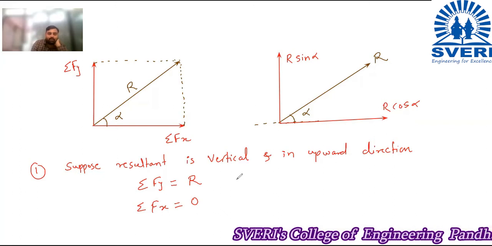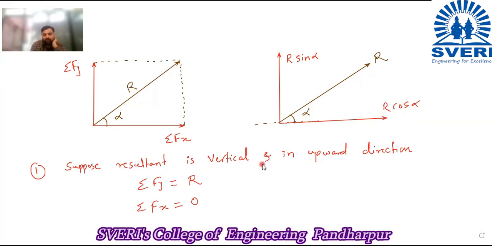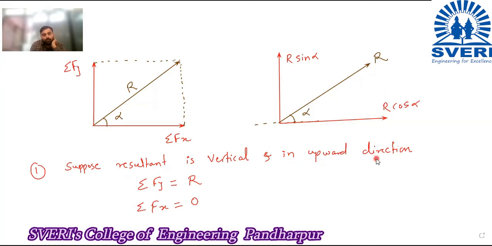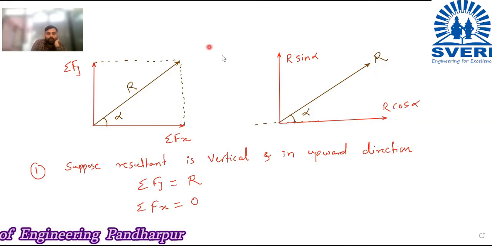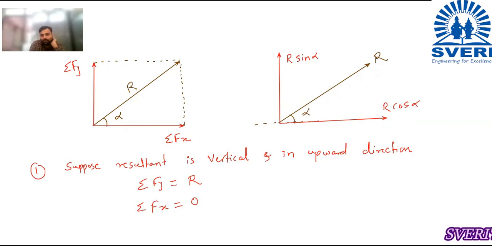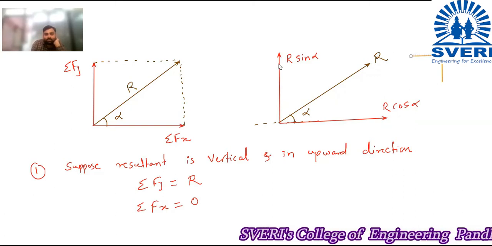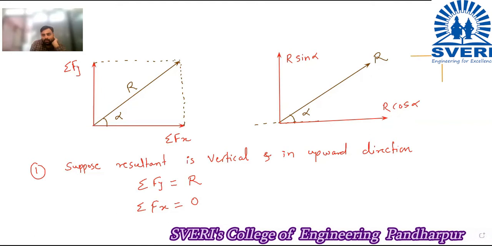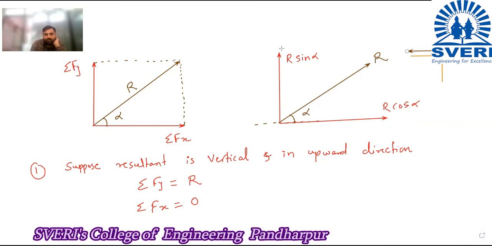Still I will tell you one more time. Suppose the resultant is vertical and is moving in upward direction. Remember our sign conventions also. What sign conventions are we using? Our sign conventions are, if our force is moving in rightward direction, it is positive. In leftward direction, it is negative.